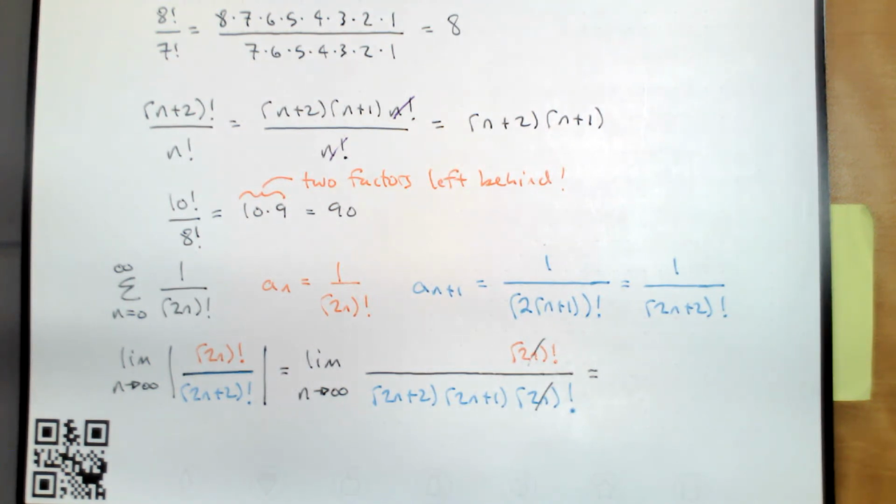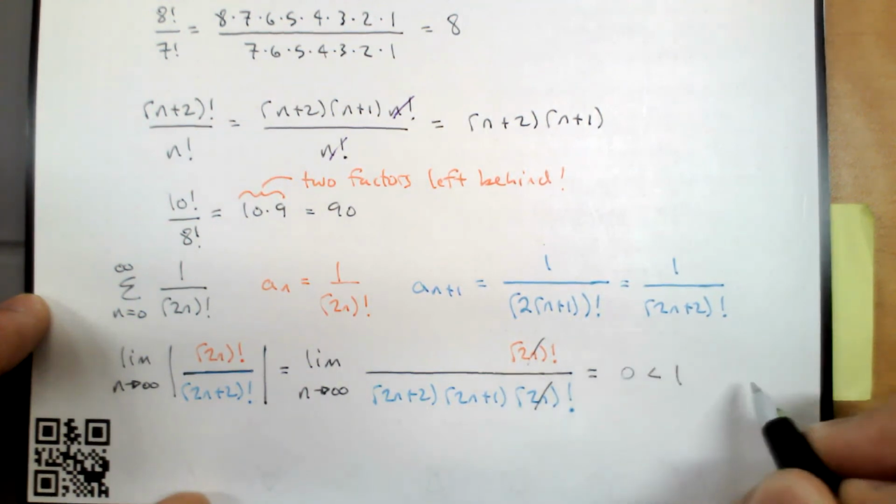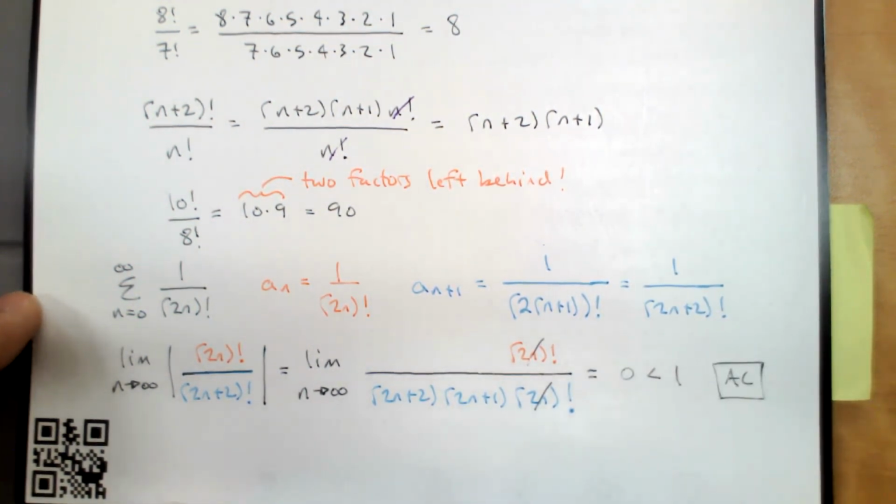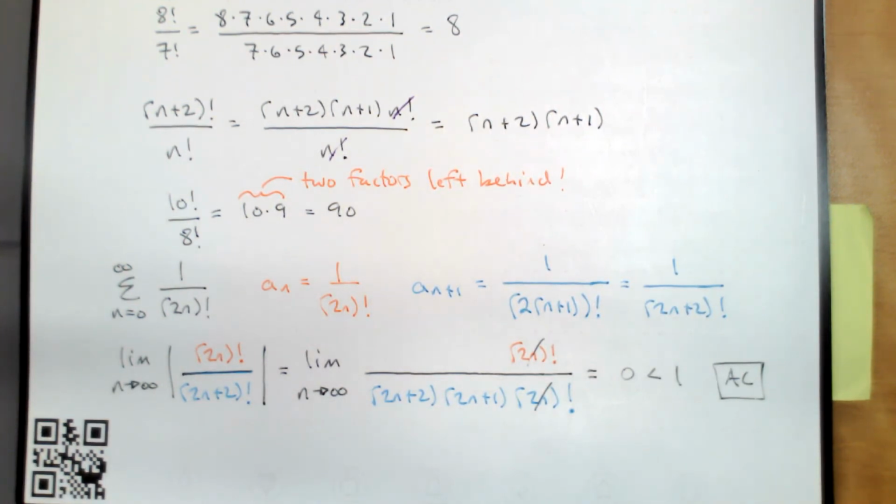So 1 over 4n squared, that'll go to 0. Everybody okay?